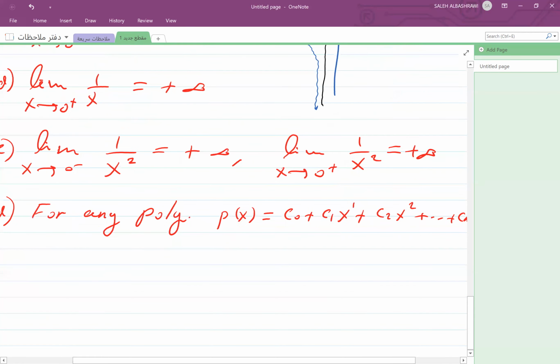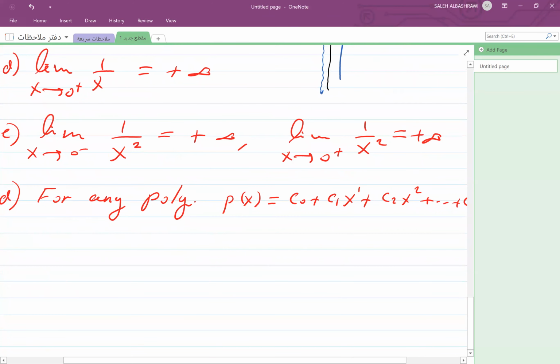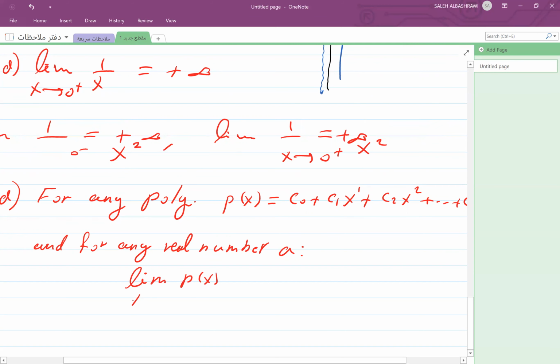If we have a polynomial, and for any real number a, the limit of p of x as x goes to a is equal to p of a.